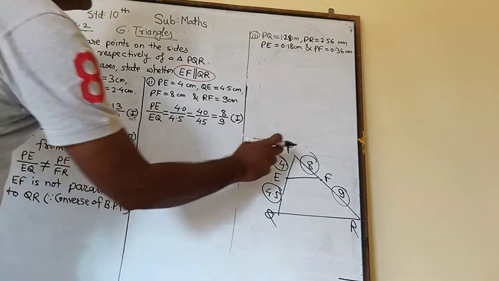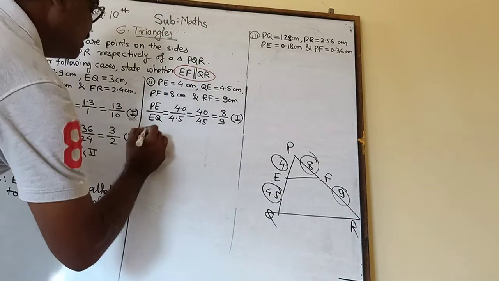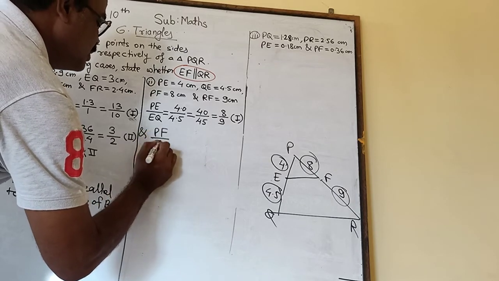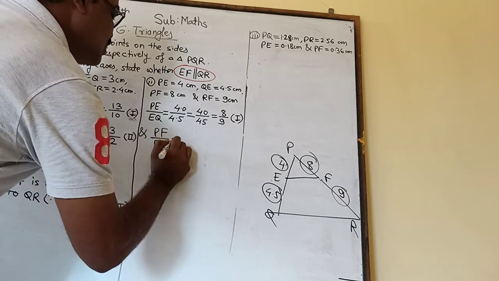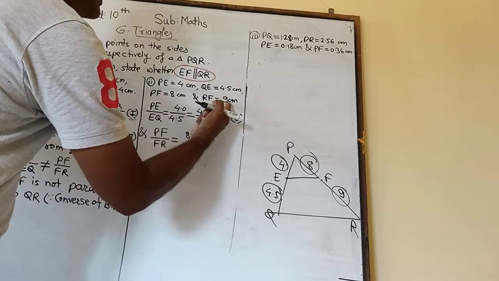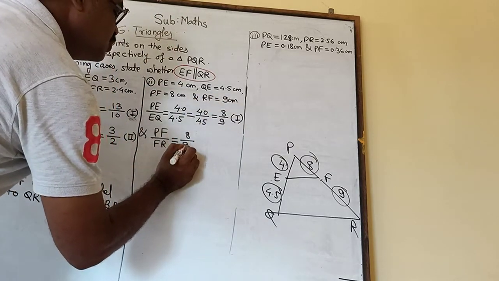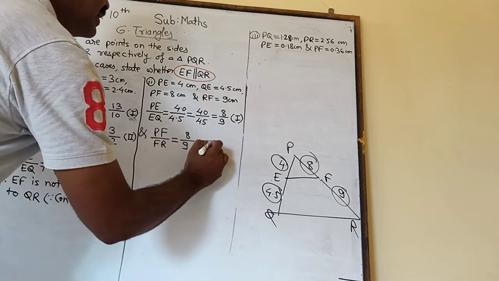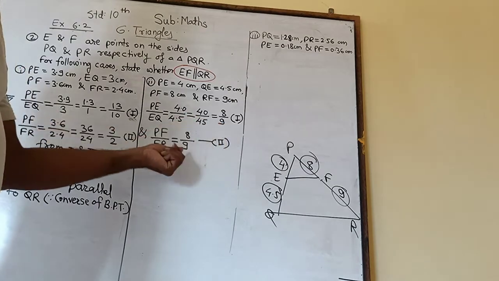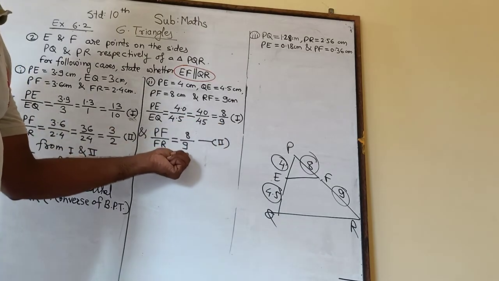And another one, PF upon FR. PF is 8 centimeter and RF is 9 centimeter. Same unit, no need to change anything. It is clear. And from 1 and 2, no need to solve here because it is in simplest form.